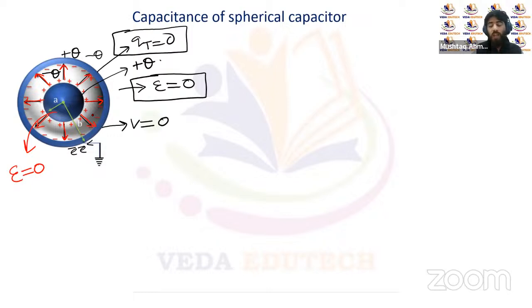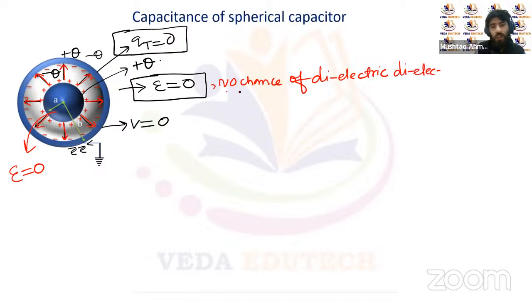It means there will be no electric field strength outside the sphere, and so there is no chance of dielectric breakdown, right?